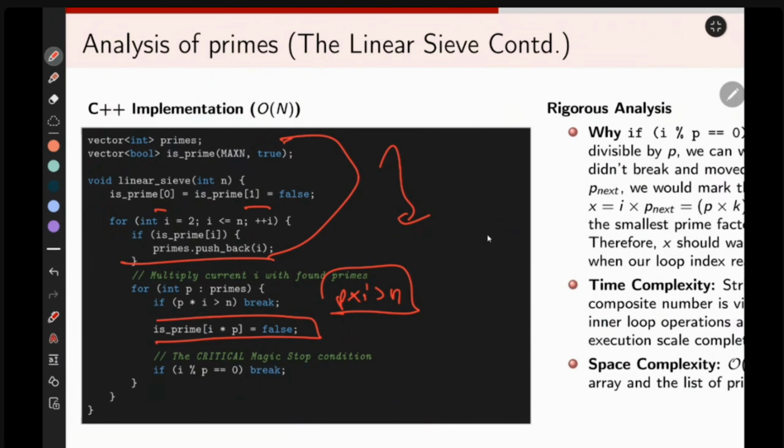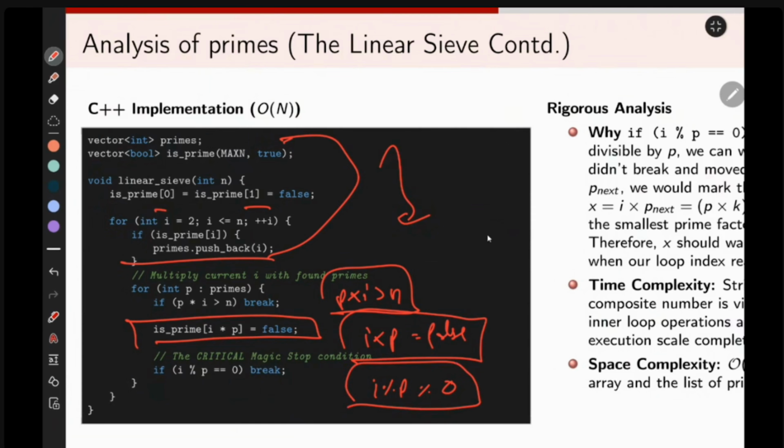Is prime of i cross p is obviously false as it's a multiple of a prime. And if p divides i, then you need to stop here, because a number can be written as p1 to the power a1, p2 to the power a2, up to pk to the power ak.